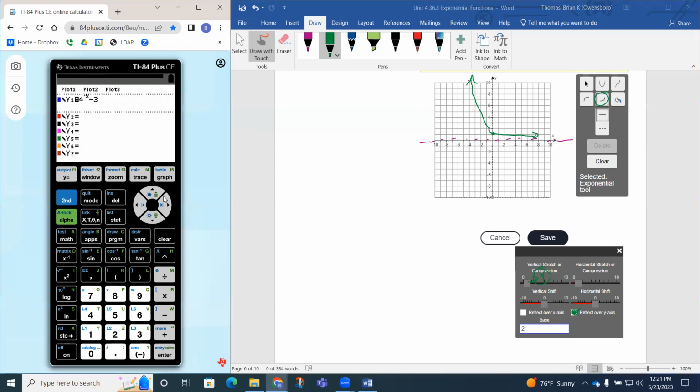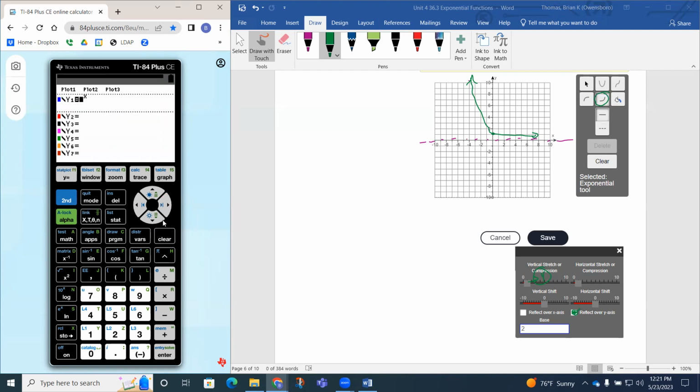So if I graph y equals, and again, the e is right above the division symbol, or I also have this e to the x over here. I'm going to just use this one over here. So second e to the x. But what you actually have to do is put the x there. If I graph that, that should be my parent function.